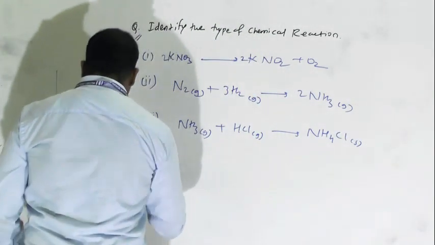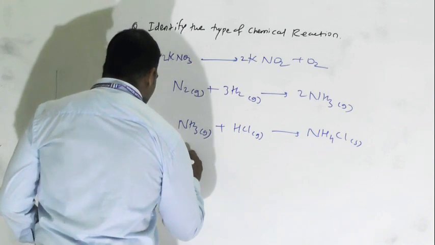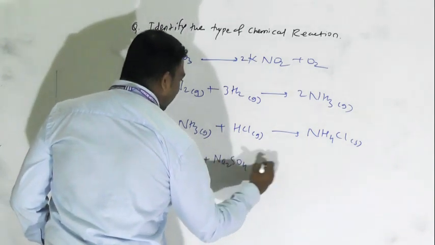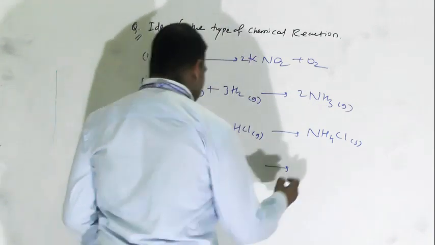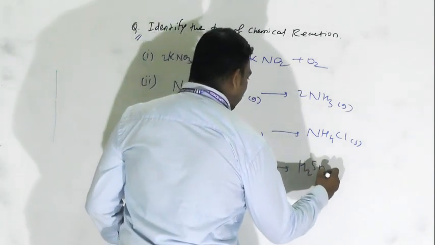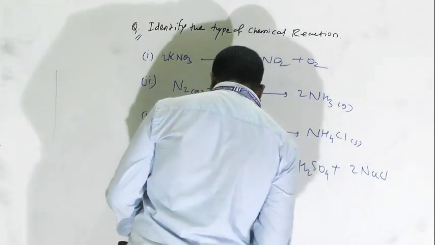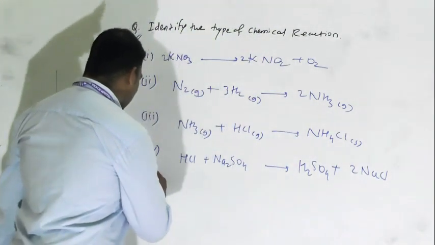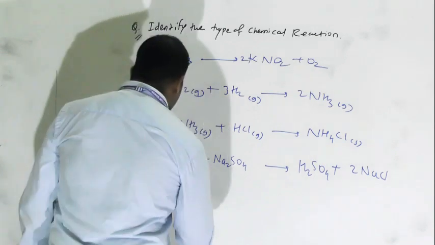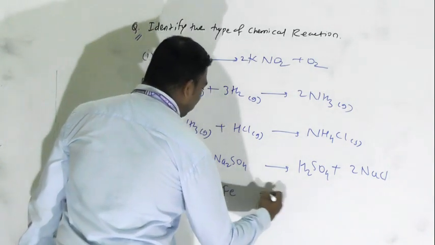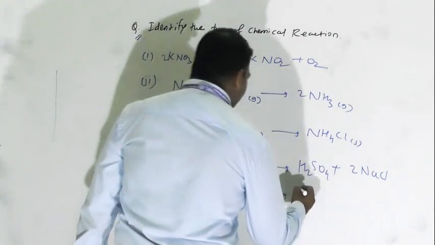Fourth one, see here: HCl plus Na2SO4. What will you get? Yes, you will get H2SO4 plus 2NaCl. And one more they gave here: CuSO4 plus iron, that gives what?